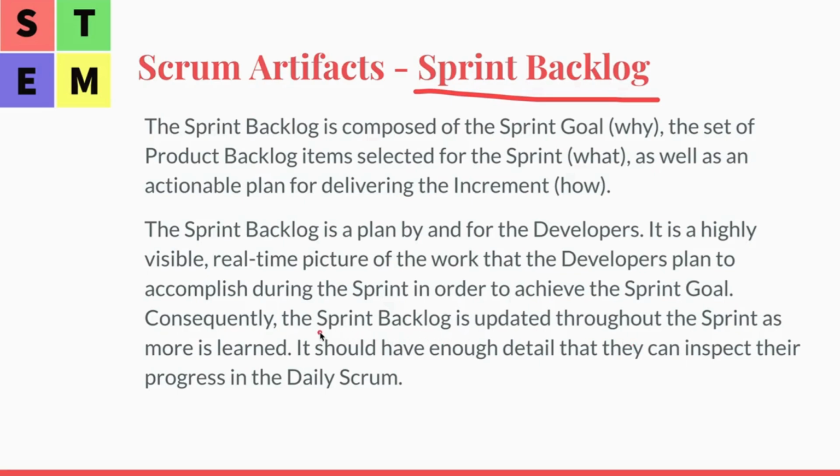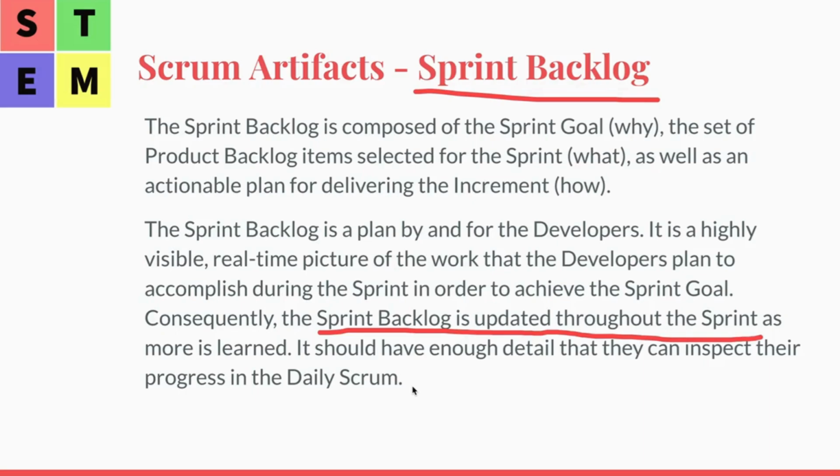So the sprint backlog is updated throughout the sprint. As more is learned, it should have enough detail that they can inspect their progress in the daily Scrum. Okay, so usually there are different statuses for each item or task. At the beginning, usually the developer is committed to their tasks, right?